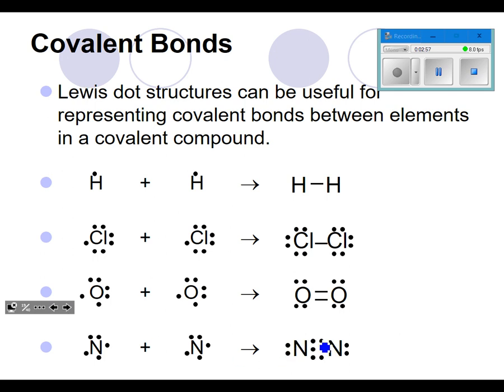So if it shares 3 pairs of electrons, or 6 electrons total, then I can just draw it as 3 lines. It makes it nice and clean. And then these electrons, where they're 2 dots together, are called lone pairs. Okay, so this one has 3 lone pairs on it and a single covalent bond. This one has 2 lone pairs on it and a double covalent bond. This one has 1 lone pair on it and a triple covalent bond.